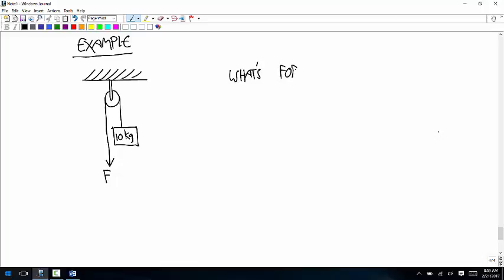So what's the force F required? The way I'm going to say this, holding it up, is I'm going to say there's no acceleration. So the mass has no acceleration.